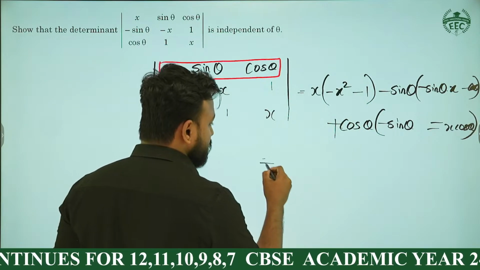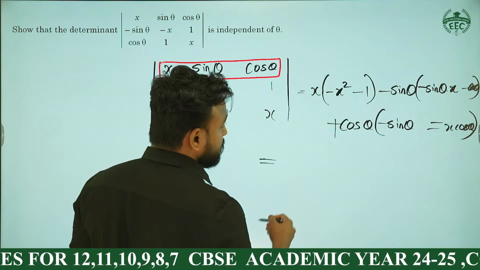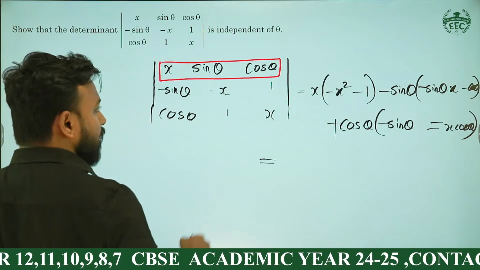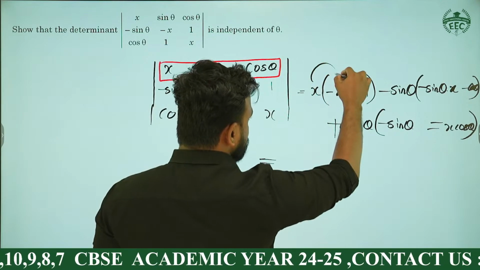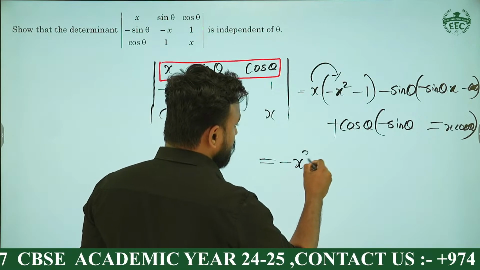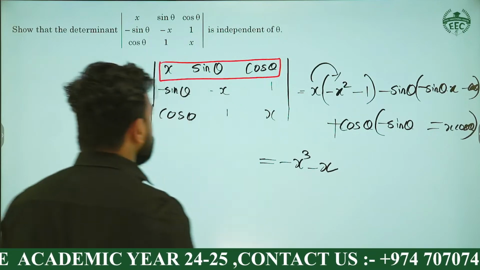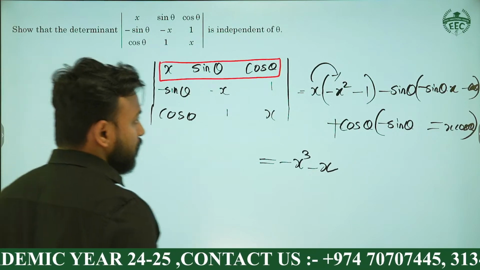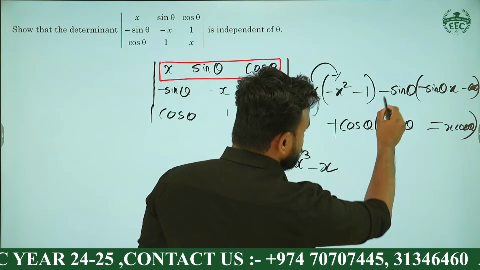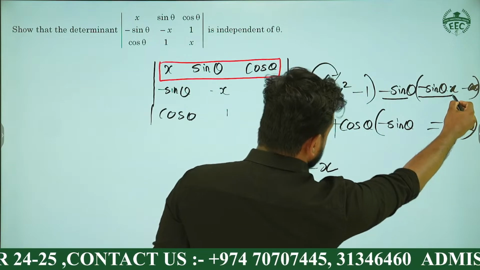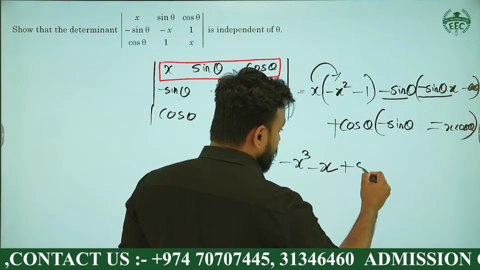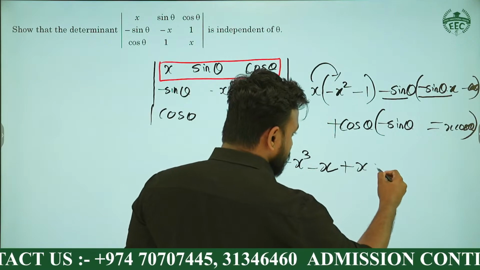I'm going to expand this determinant. I'm going to open the bracket. This become minus x cube minus x, right? Then minus sine theta into minus sine theta into x, that is positive x sine square theta.